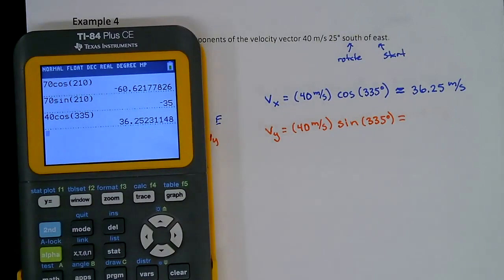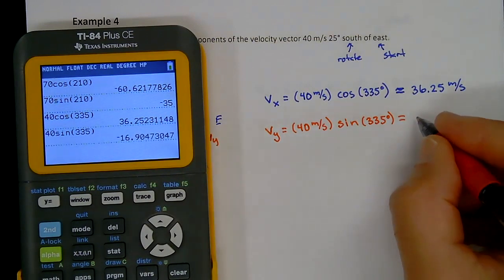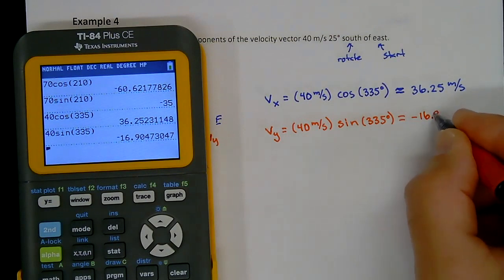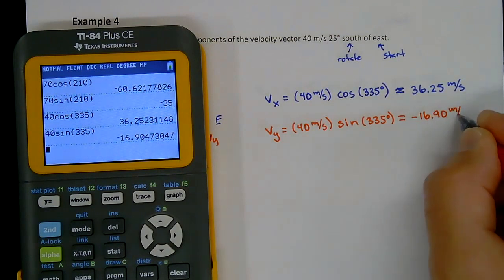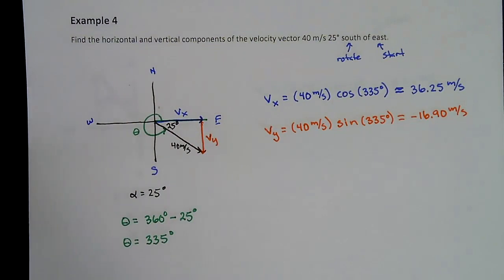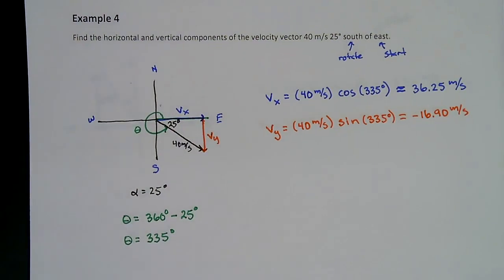And putting that into our calculator, we get negative 16.90. Again, if you wrote negative 16.9, that'd be fine. All right, guys, we got to be able to do this.